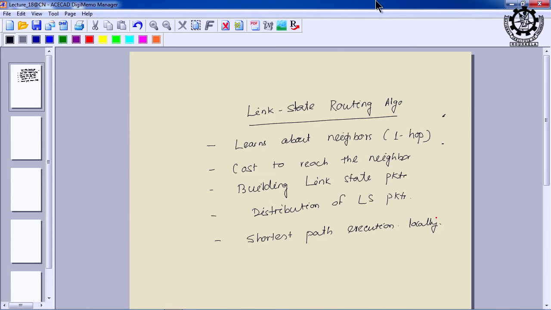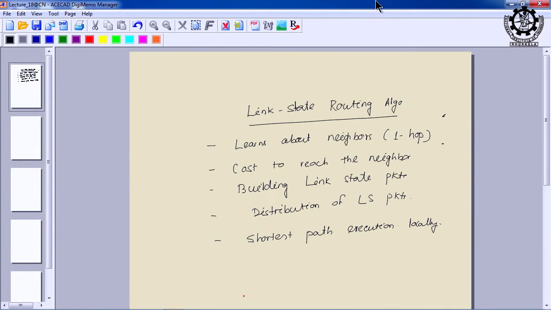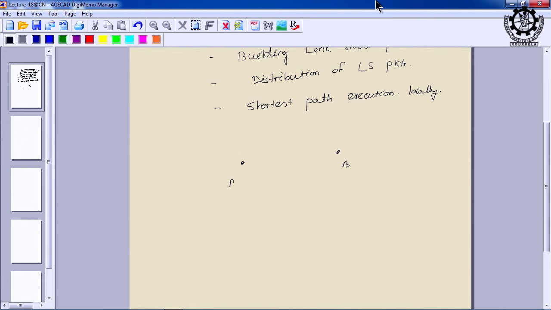The first step is learning about the neighbors. Here the neighbor means the next hop or one hop neighbors. So, if you have a node A and another node B connected with a point to point link, then when router A comes up into the network, it first tries to learn who are my neighbors in the subnet.